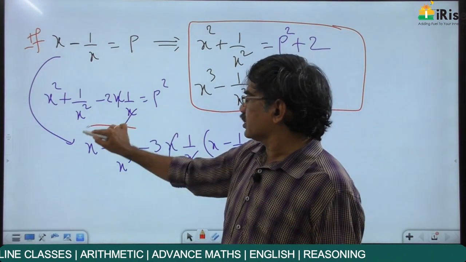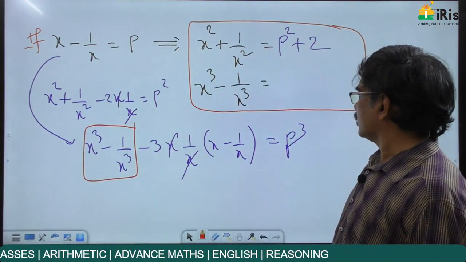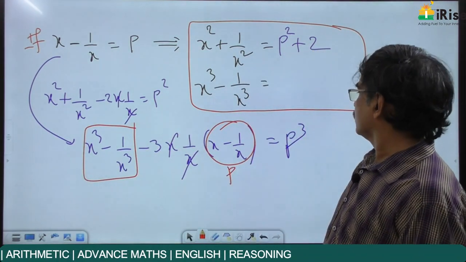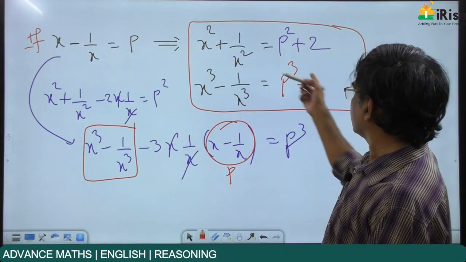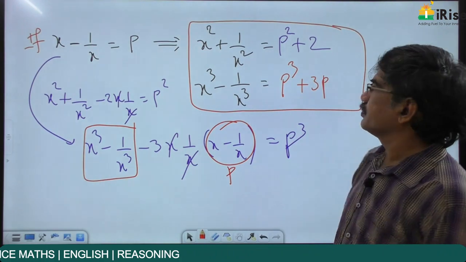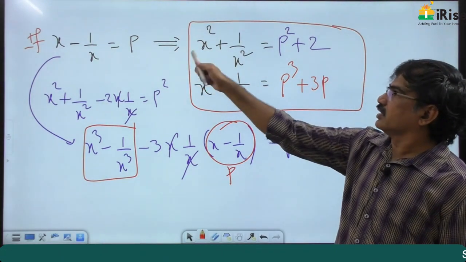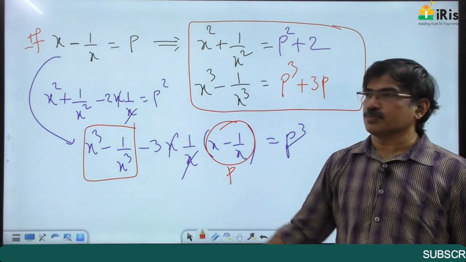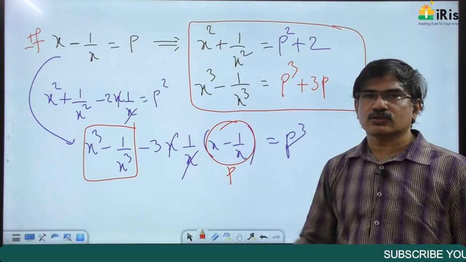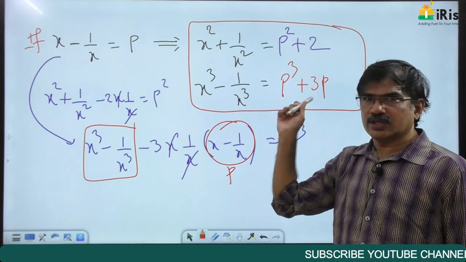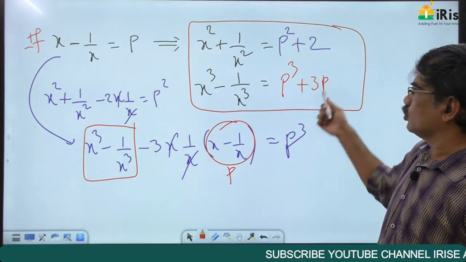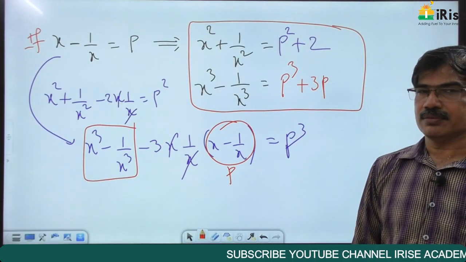Here, what is x cube minus 1 by x cube? This is already p. p cube minus 3p transferred, we get plus 3p. So if x minus 1 by x is p, x square plus 1 by x square is p square plus 2, and x cube minus 1 by x cube is equal to p cube plus 3p.